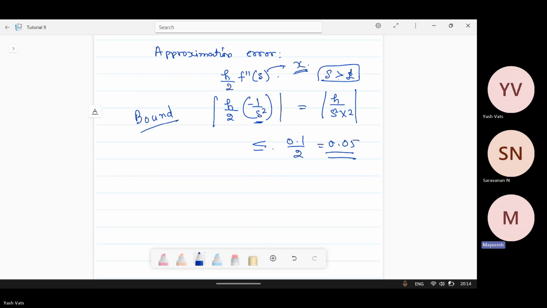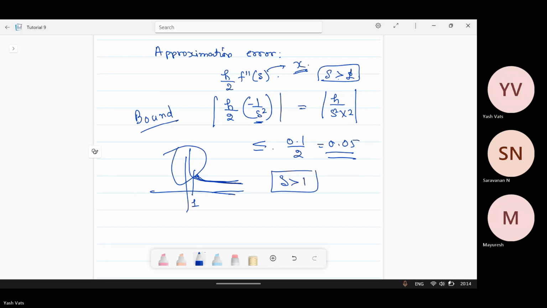I would have made an error in judging this, because with h by 2x square I would have directly entered x equal to 1.8. You know the graph of 1 by s square, it's like this. And when x is greater than 1, then it will be bounded, right? Otherwise, it's not bounded. So s should be greater than 1.